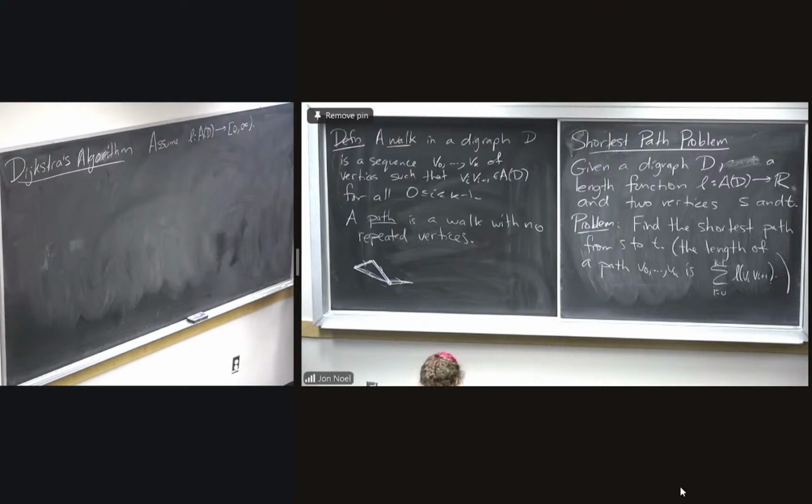For a lot of practical purposes, that's pretty natural, right? If we're talking about actual distances in a network, usually the distances are positive, not negative. But interestingly, we're going to see in this course at some point that if you allow negative lengths, it makes this problem a lot harder, and there is no known polynomial time algorithm for this. So somehow having some restriction on the length function is actually kind of necessary.